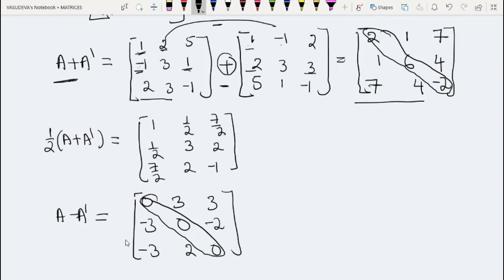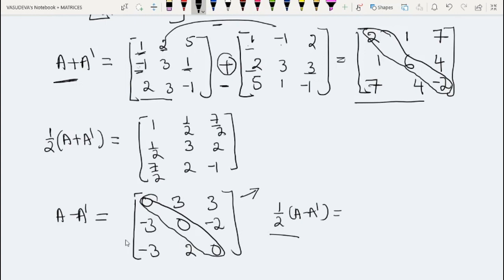The elements above the principal diagonal are the same as the elements below the principal diagonal, but they are changing in sign. So A minus A dash is a skew symmetric matrix, and half of A minus A dash is the skew symmetric part.